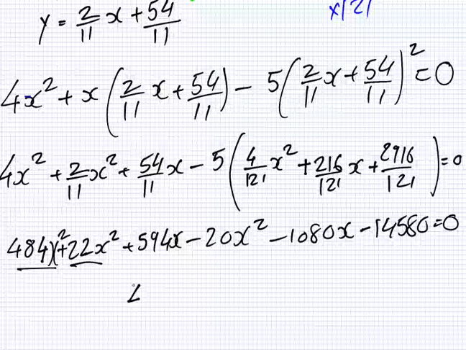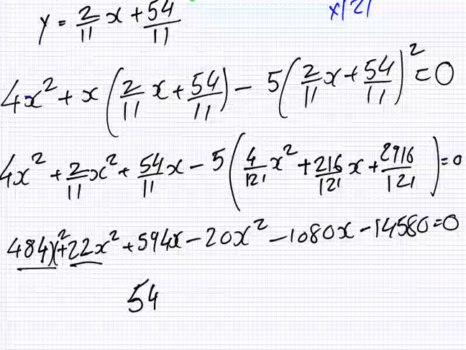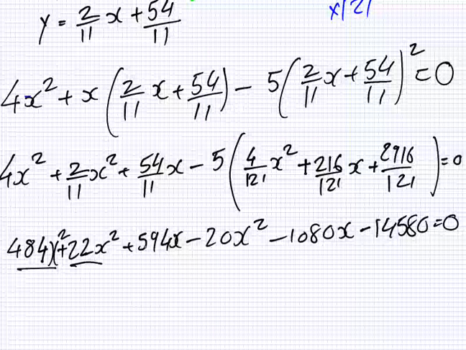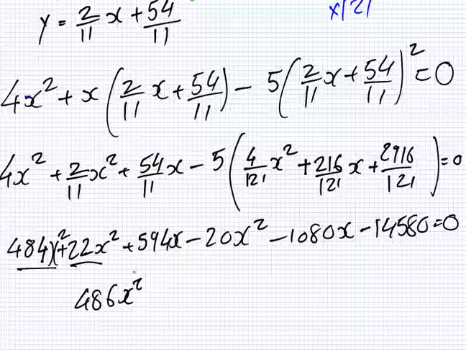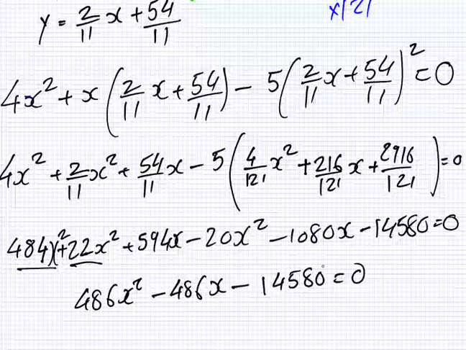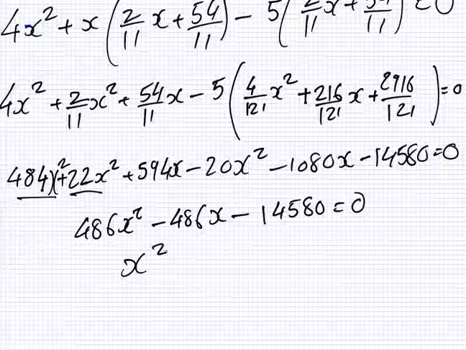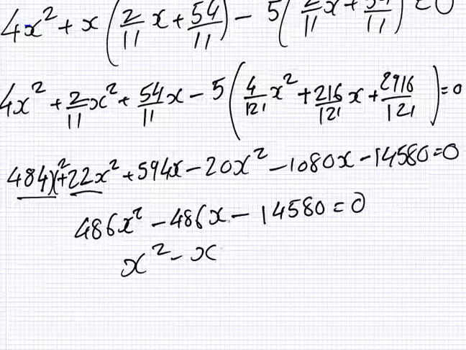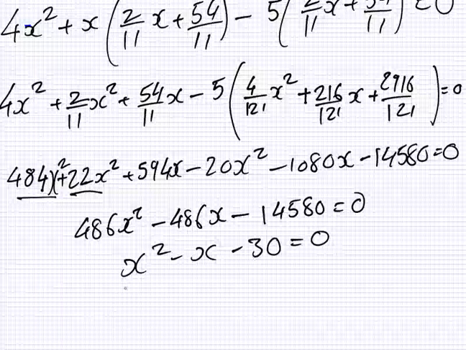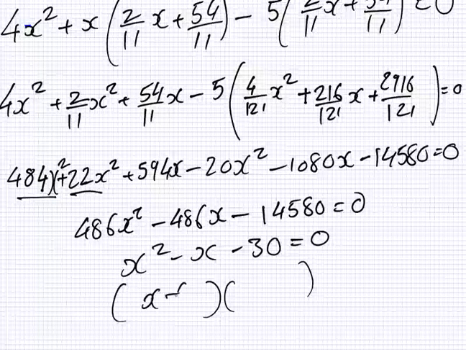I won't just yet. 4x squared plus 2 over 11 x squared plus 54 over 11 x minus 5 bracket 4 over 121 x squared plus 216 over 121 x plus 121 here, and that's 250 plus 20, 270. 2916, not 216. 2916. Okay, is 270 right there? Or not?